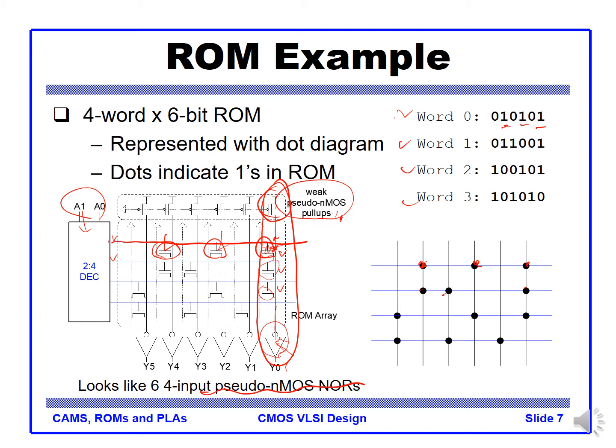This is the hard-coded ROM. So once you design and fabricate like this, you cannot change the value. Right? This is non-volatile. That's why we cannot change it. The way we program is by placing the transistor there.